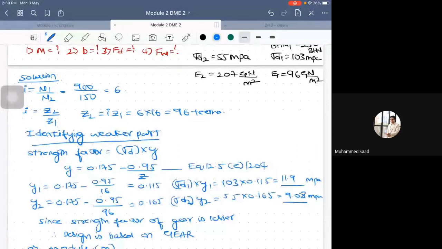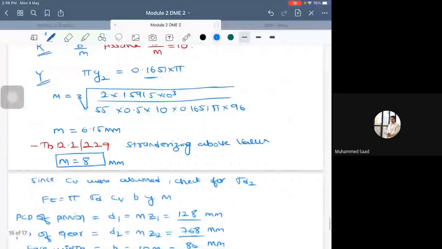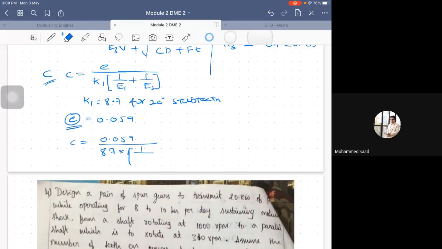Substitute in Newton per mm square and give me the C value. This particular C value has units of Newton per mm, and this is calculated by means of the formula.